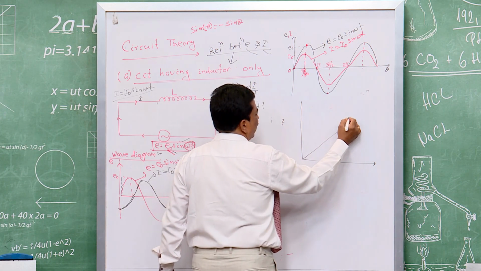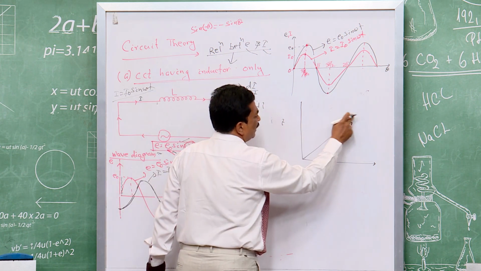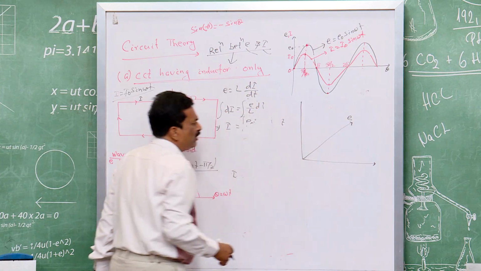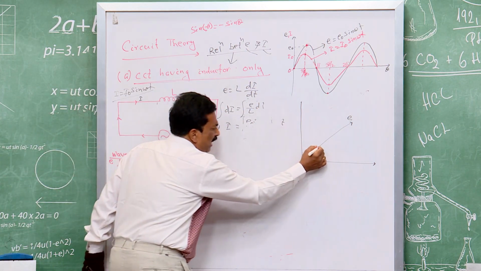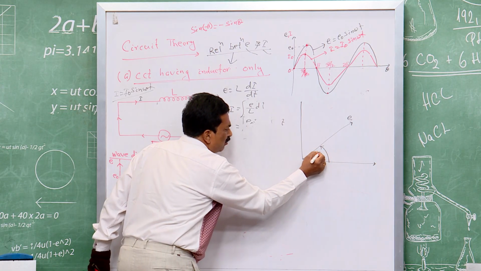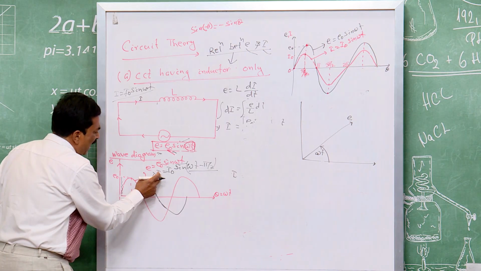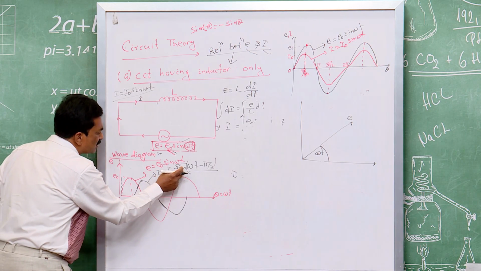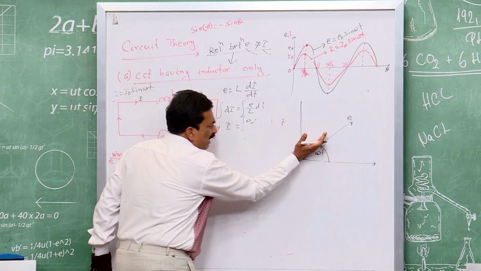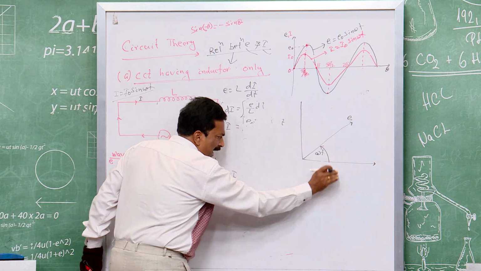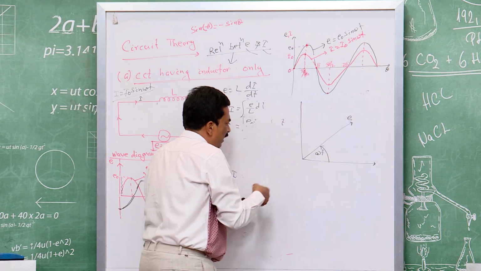Similarly, if we plot the phasor diagram, like for resistance, suppose this is E0, for E. E = E0 sin omega t. If this angle is omega t, then what will happen for I? I = I0 sin(omega t - pi/2). From the angle omega t, it will subtract pi/2, which means it will go behind.